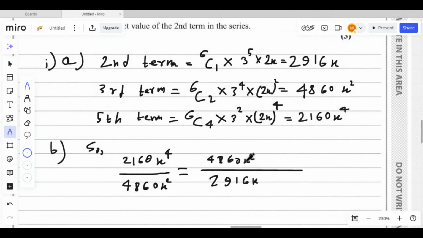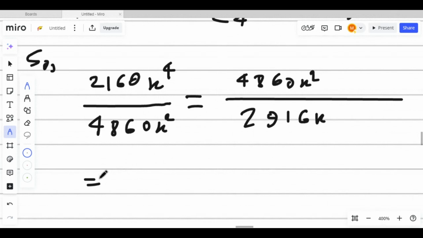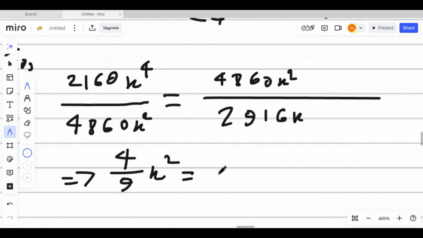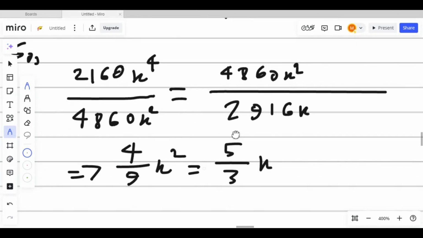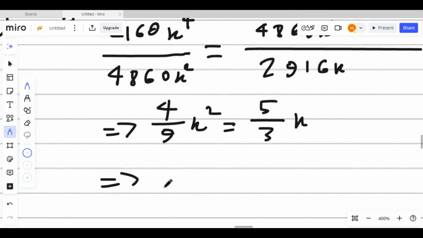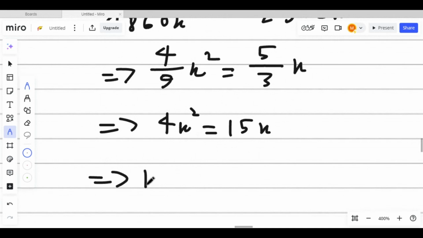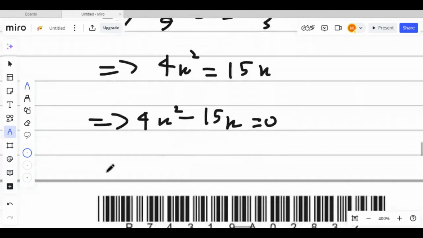So 2916x. Simplify this one. Get 4 over 9 x squared equals 4860 over 2916. This is 5 over 3 x. So multiply both sides by 9. You get 4x squared equals 15x. So 4x squared minus 15x equals 0.